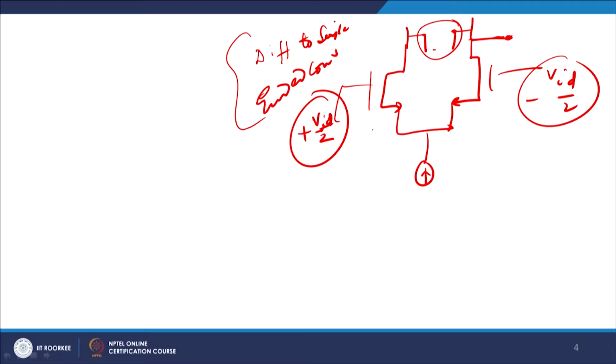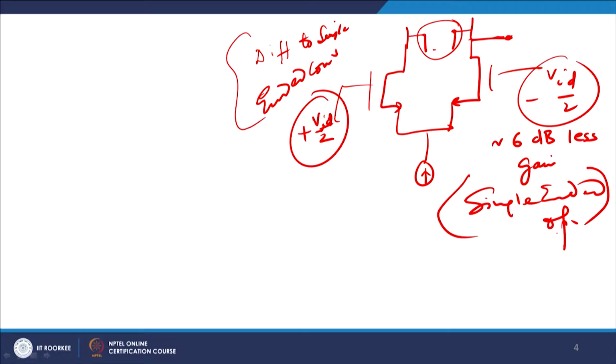You can do it yourself by doing a small manipulation and small derivation, that this primarily will give you twice lesser gain, approximately 6 dB less gain if you do a single ended operation.